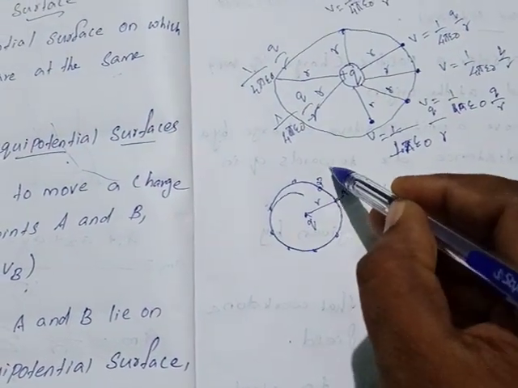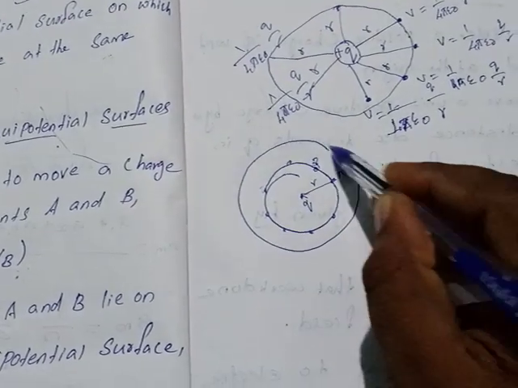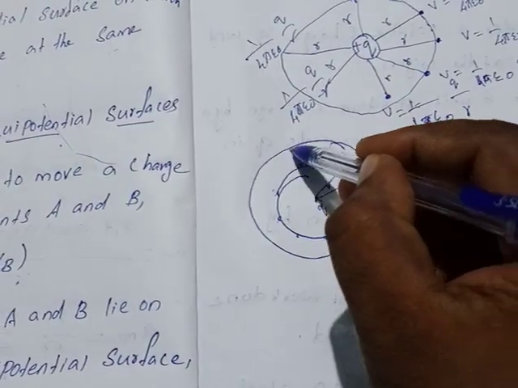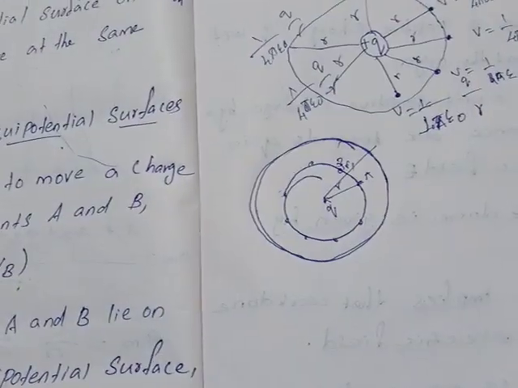Now if you place another surface at a distance R1, on this surface everywhere the potential will be the same.